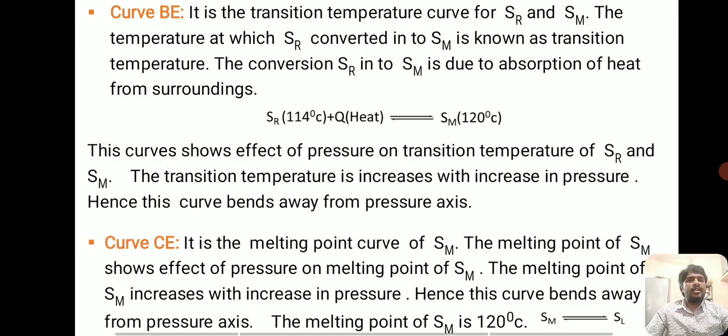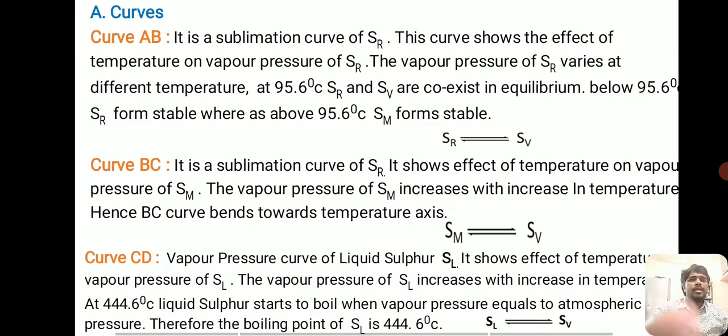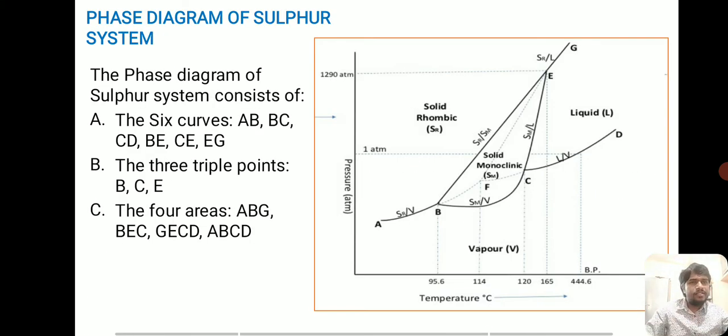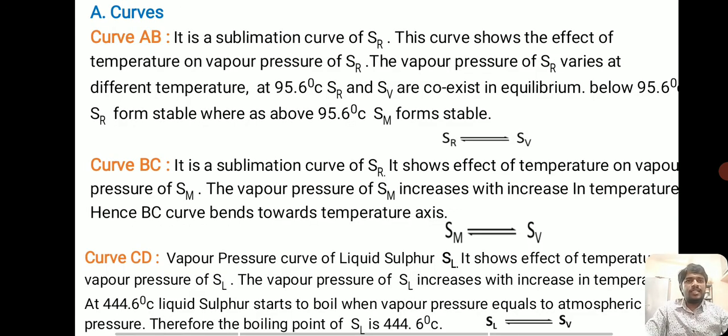You can observe here, it bends towards the temperature axis. You can observe here, this is not SR, it is SM. Slight correction in this curve, that is SM.